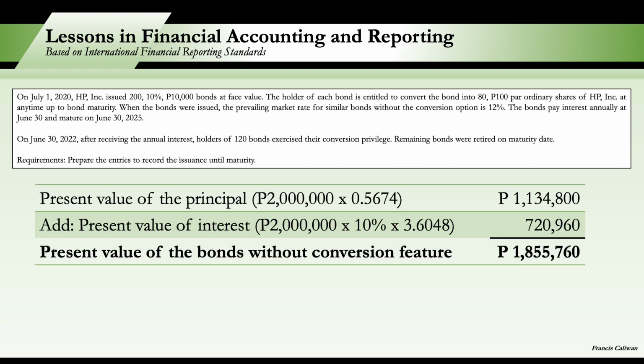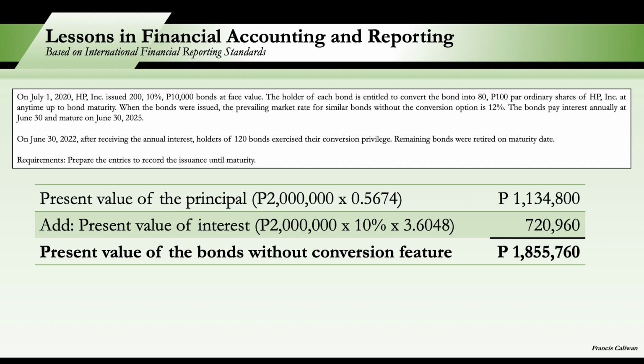Okay, so first, the present value of the principal, that's 2 million times the factor of 12% in 5 years, 0.5674. And the present value of interest, which is at 10%, so 10% times 2 million times present value factor of 12% ordinary annuity 5 years. It's 3.6048.